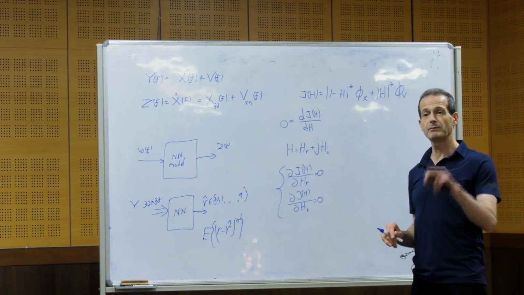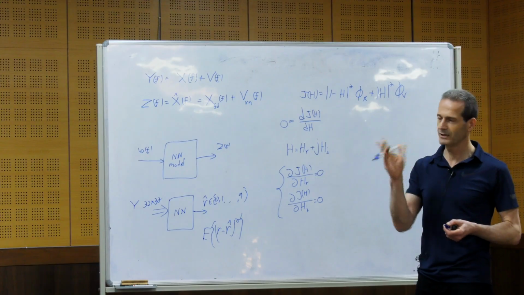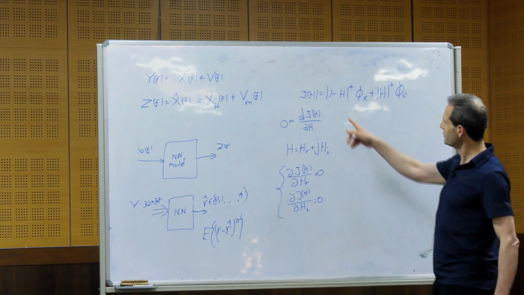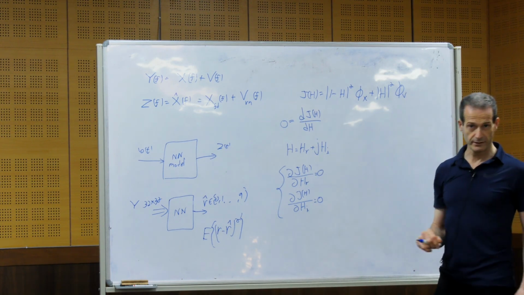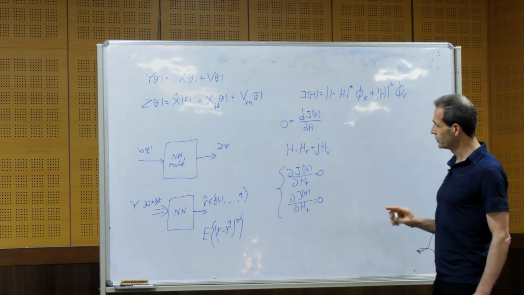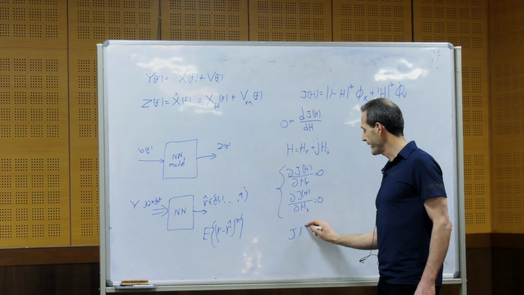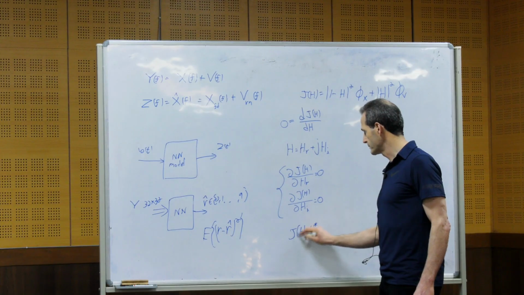Alternatively, maybe I will send also some text about it to prove. I will check if I have it. So instead of this, there is an alternative way. When you have a function of a complex number, you can write it as J of h and h complex conjugate.